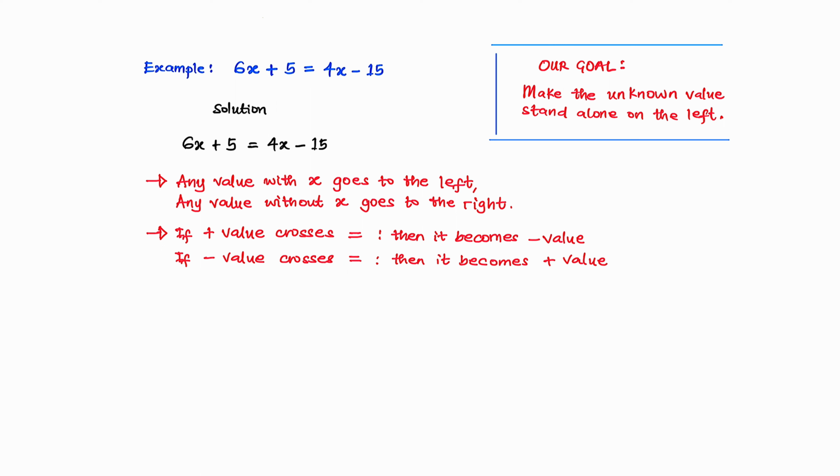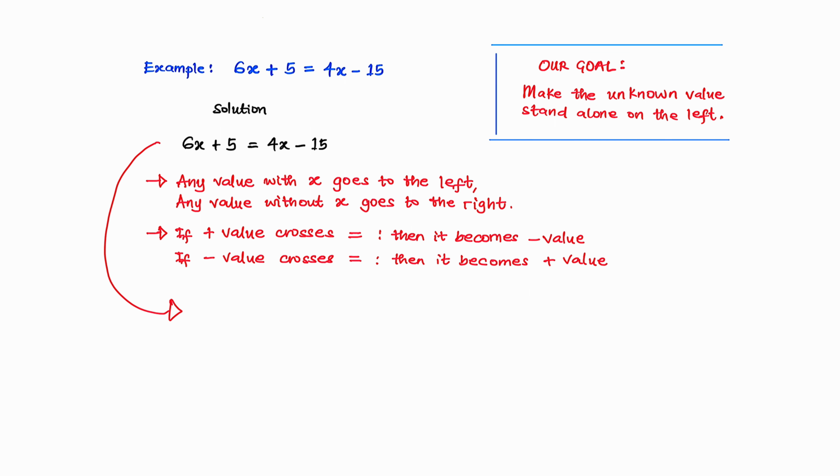So if a positive value crosses the equal to symbol, the positive value will become a negative value. And if a negative value crosses the equal to symbol, then it becomes a positive value. What do we mean by that? Let's go from this to this.